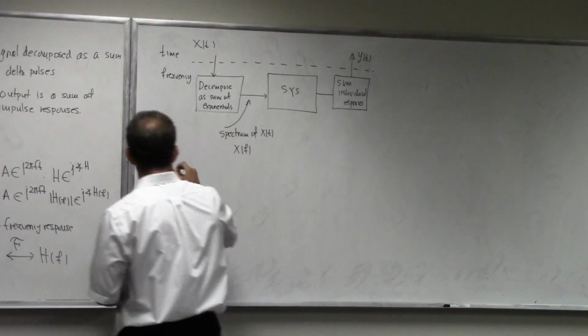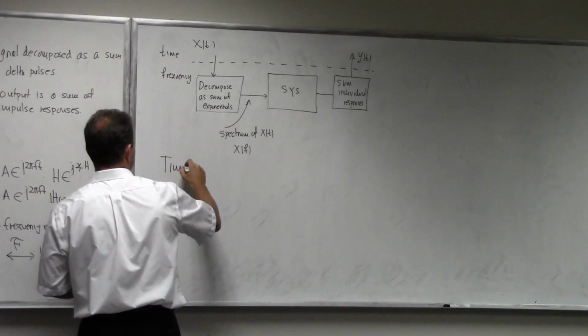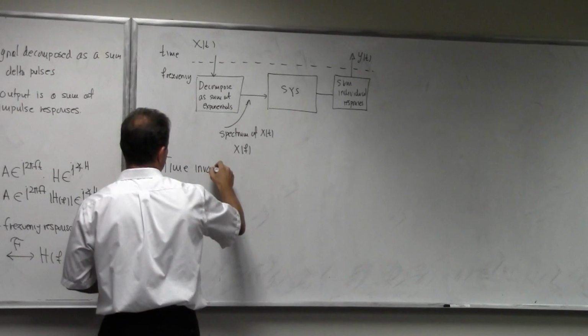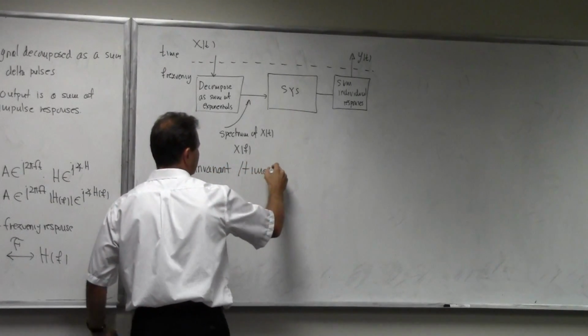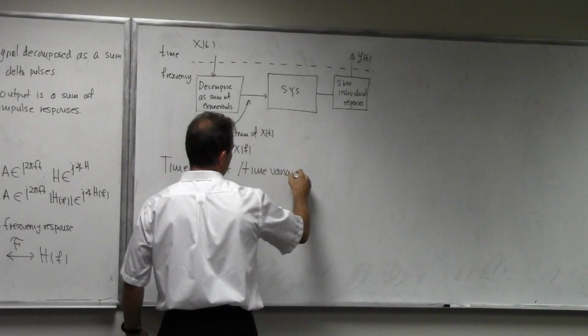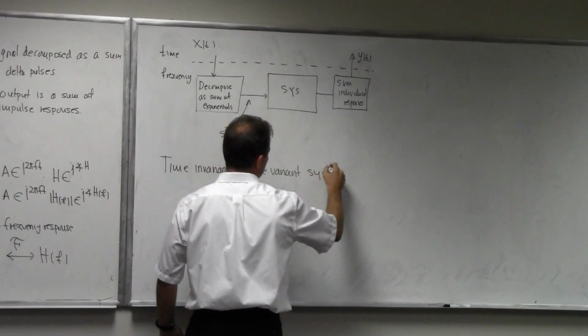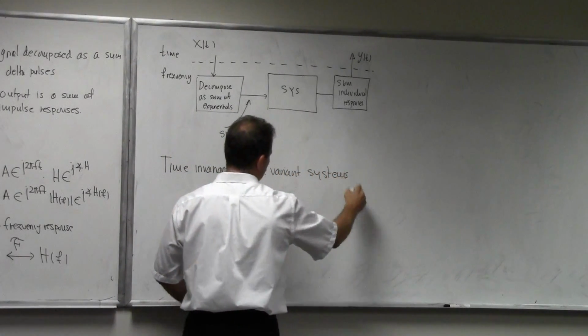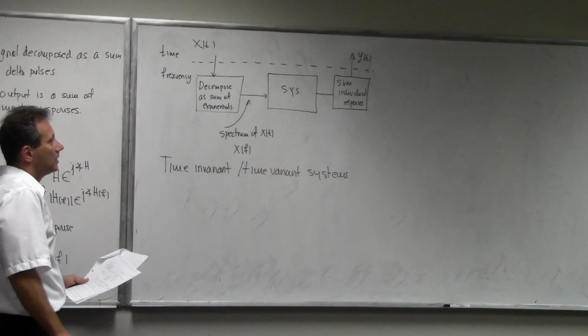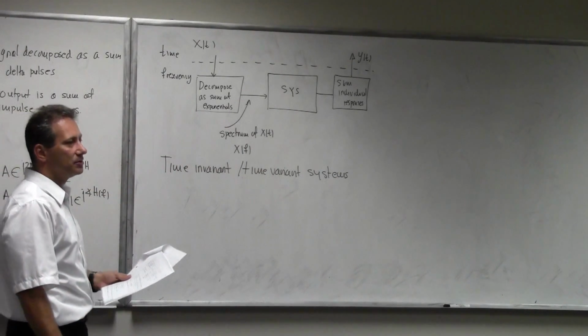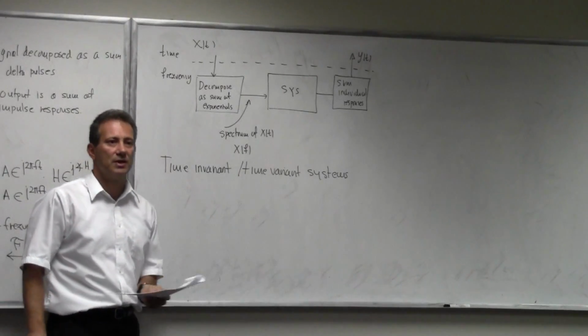Let's talk about the difference between time invariant versus time variant systems. Let's first look at the formal definitions and then give some examples that fit in both of these categories.